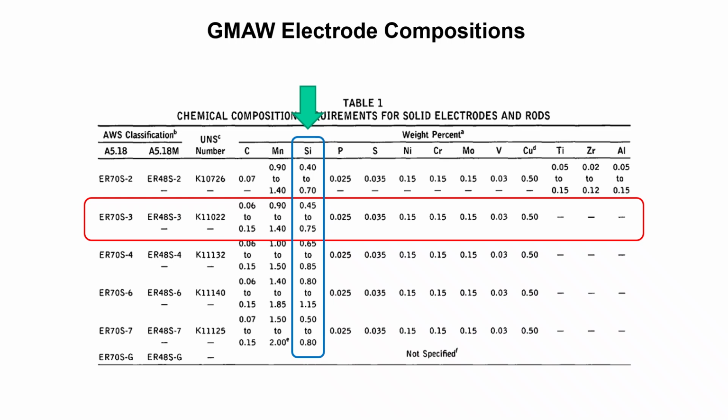So for our ER70S-3 there in the red, 0.45 to 0.75 would be our silicon content. You could read through the rest of this, but it just tells you all of the chemical requirements for these filler materials.